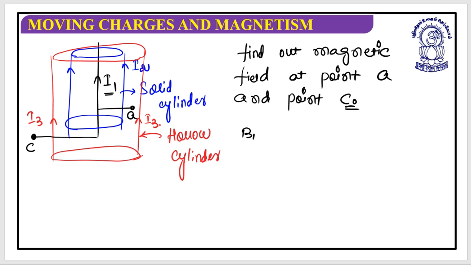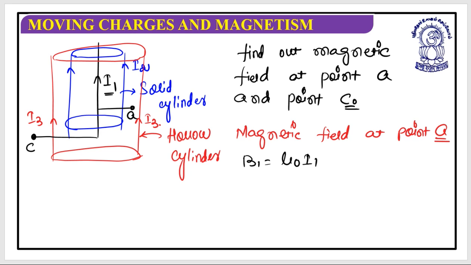So let's write down the magnetic field at point A. For the straight wire, it is B1, which is mu naught I1 divided by 2 pi A. Next, the magnetic field due to the solid cylinder, B2, would be mu naught I2 divided by... as you can see, this point is outside the cylinder, and when it is outside the cylinder, my standard relation was mu naught I by 2 pi r.